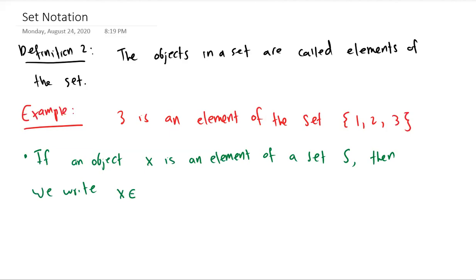So x is an element of S. Otherwise, if x is not in the set S, you write the same thing, but you draw a line through the symbol, a line going from right to left, or left to right if you're going up.